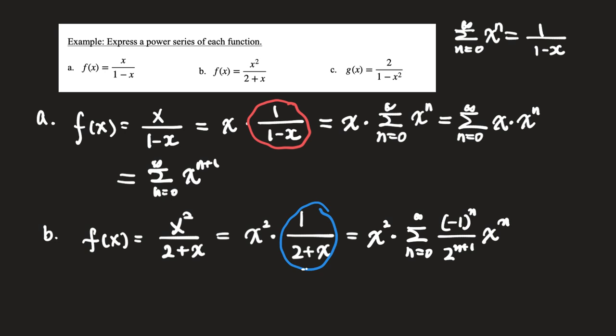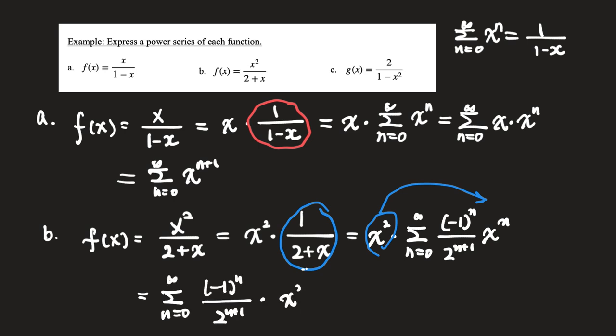Now, here is x squared, it goes inside. So you have summation negative 1 to the n over 2 to the n plus 1 times x squared times x^n. Let's simplify this term: n plus 2.